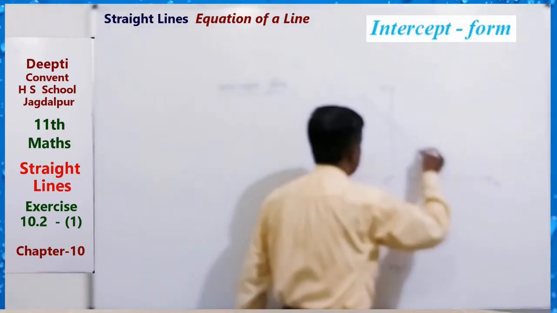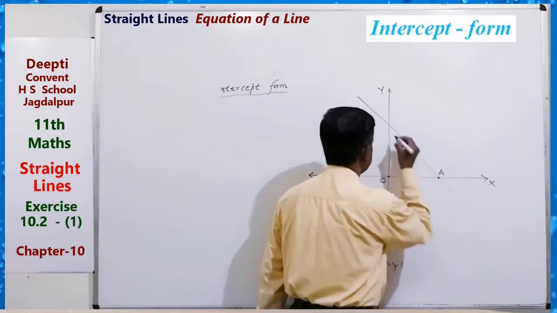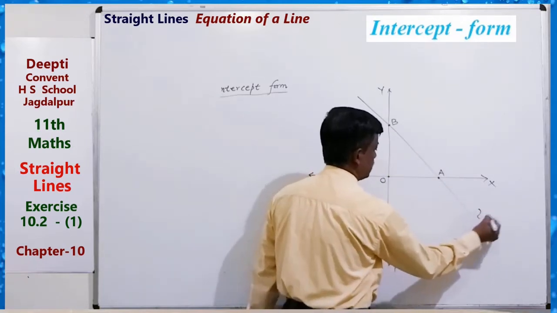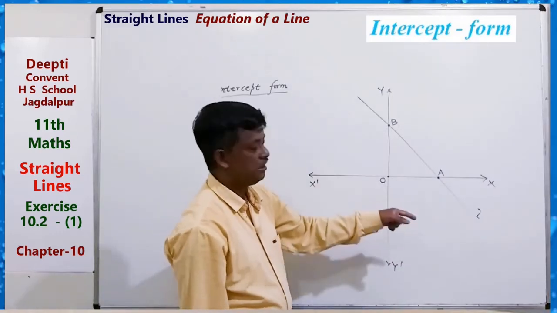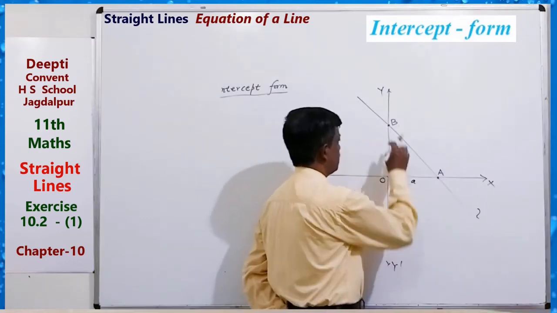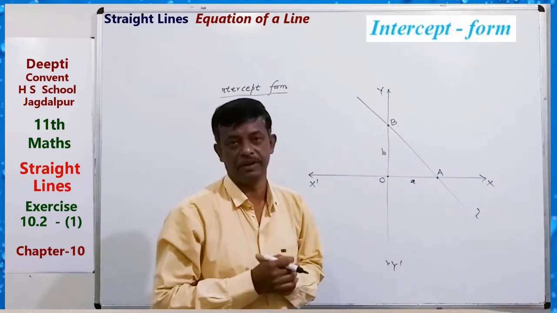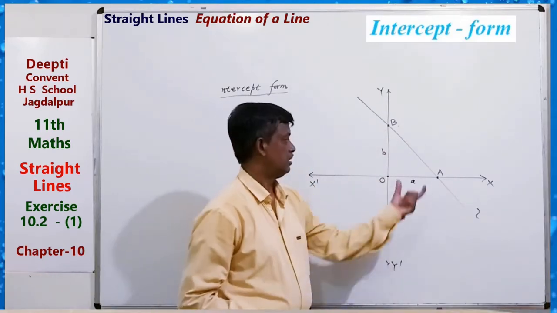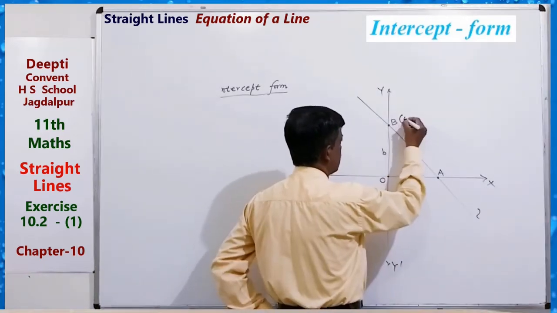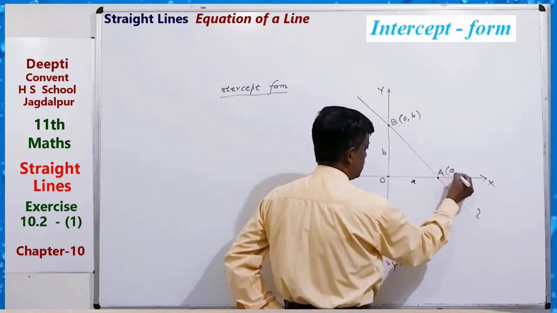Suppose we have a line like this, then this is A, the x-intercept, and this is B. This is the line L. This line makes x-intercept A and y-intercept B. These two intercepts are given. So we can write the coordinates like this: (0, B) and (A, 0).